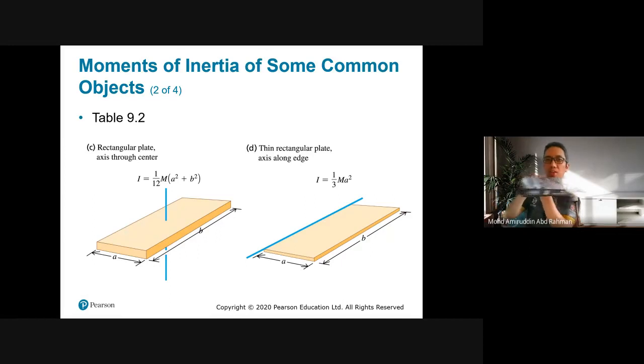Compare that if I put my hand at the edge, you feel it's very, very heavy to move. So the trick is, whenever you want to move a heavy object, try to lift it from the center of that object, because that reduces the moment of inertia for you to move the object.